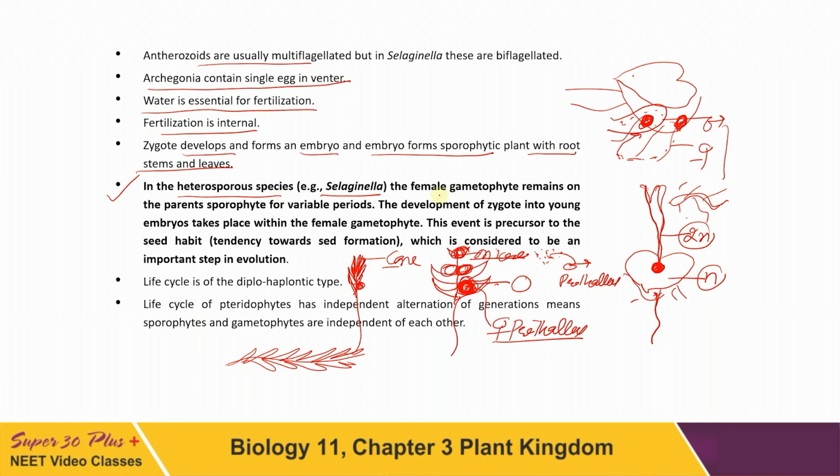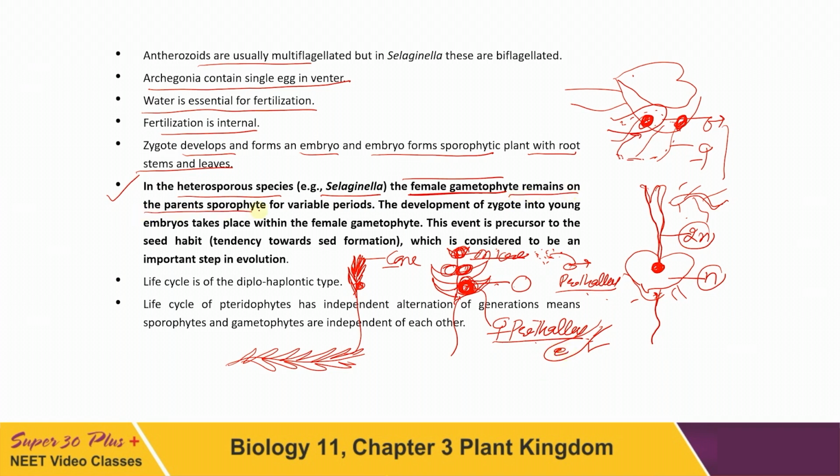Male prothallus means male gametophyte, which will make the male gamete. Female prothallus means female gametophyte, and in it there will be archegonium, and in archegonium there will be an egg.